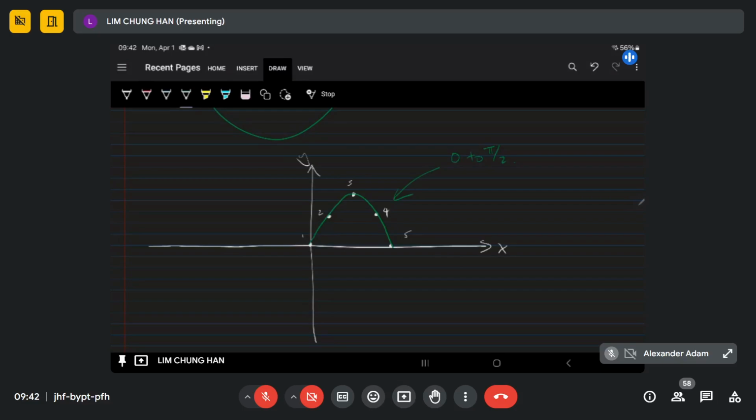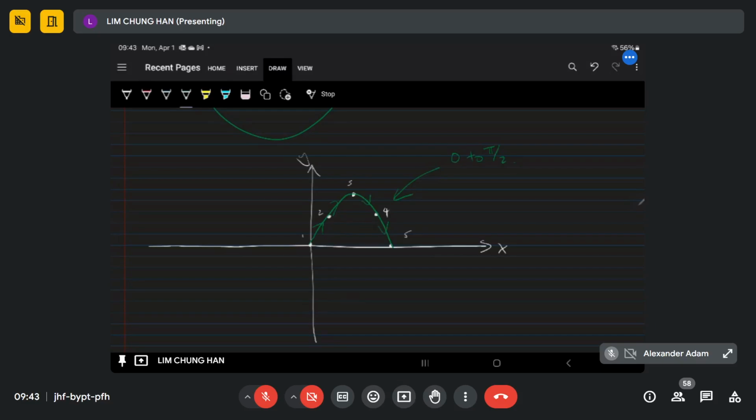Okay, what about from pi over 2 to pi? What do you think it does? Okay, you can continue plotting. But we know whatever this shape is, it's going to mirror at the bottom. So you know the line goes up, it comes down, then it has to continue.